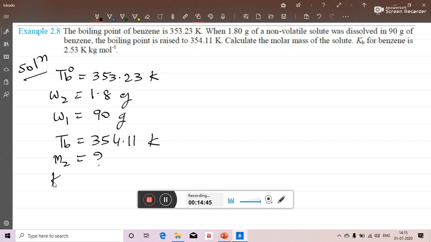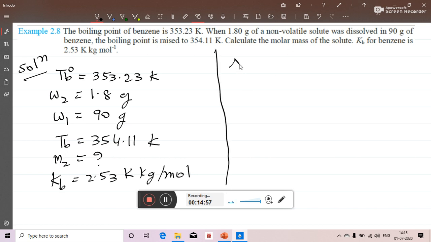KB for benzene is 2.53 Kelvin kilogram per mole. Now delta TB is equal to TB minus TB naught, that is 354.11 minus 353.23, which is equal to 0.88 Kelvin.